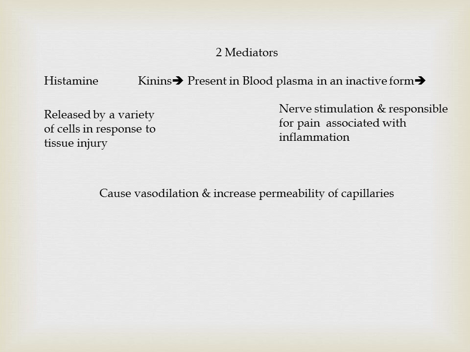Once there has been infection, they are stimulated, and they are responsible for the pain associated with inflammation, because a high amount of kinins is released. They also cause vasodilation, meaning the diameter of the vessels will increase and the permeability of the capillaries will increase, because if there is no permeability, the immune system cells cannot move to the tissues where the infection has occurred.